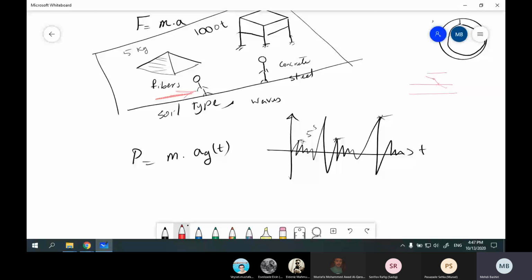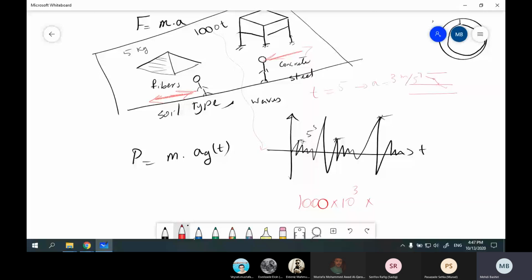The other people living in this building experience a force equal to, for example, at time equal to 5 seconds, the acceleration is 3 meters per second squared.